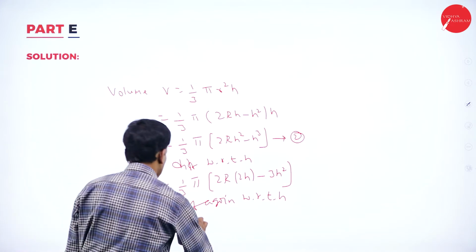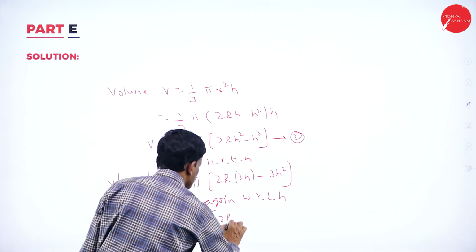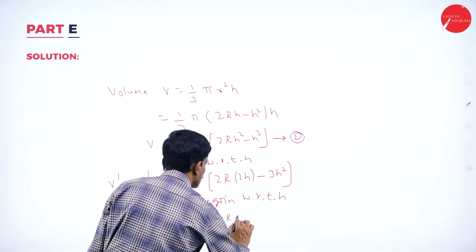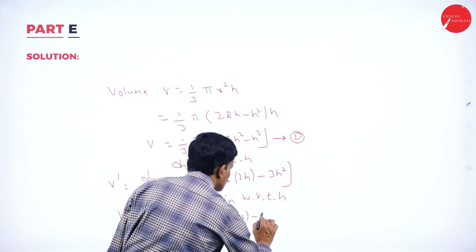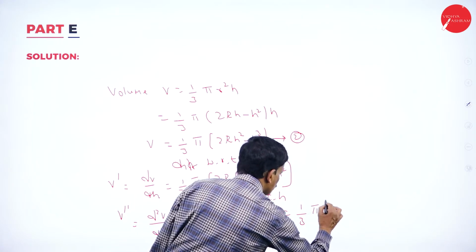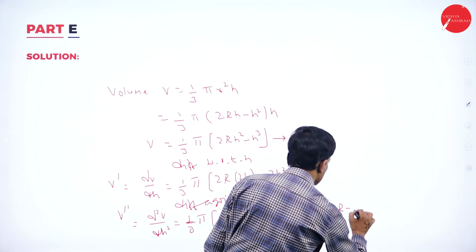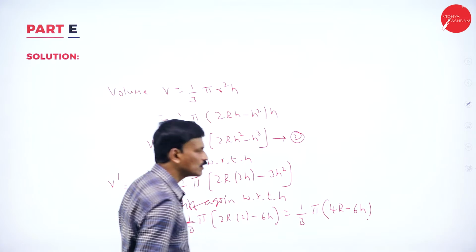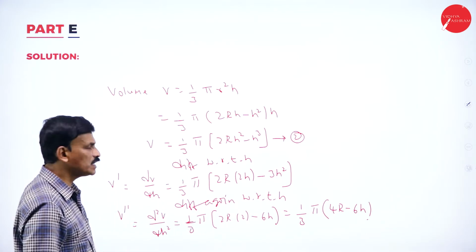Now, 1/3 pi as it is, 2r as it is, differentiation of 2h is 2 into 1 is 2, minus 3 constant, differentiation of h square is 2h, that is 6h. So, this is equal to 1/3 times pi into (4r minus 6h). This is the second derivative, V double dash.